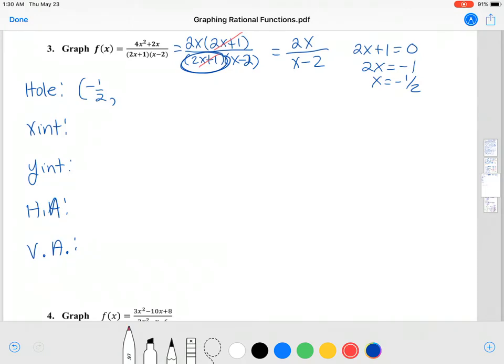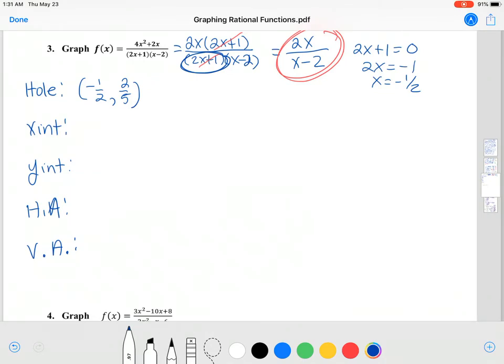So I'm going to take -1/2 and plug it in, and I'm going to have 2 times -1/2 over -1/2 minus 2. And when I do that, I'm going to get, as my corresponding y value, 2/5. So I know when I draw my hole on the graph, it's just going to be an open circle that we draw to show that there is a missing value there.